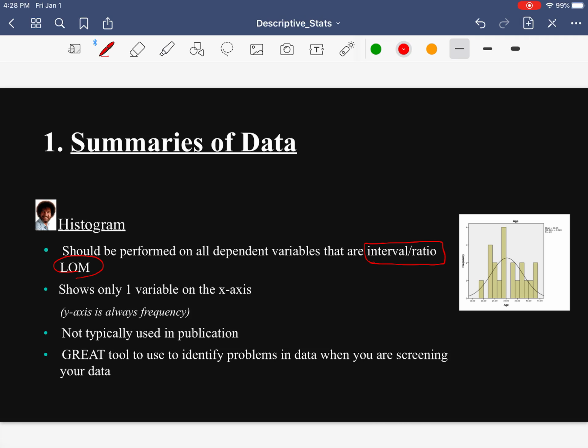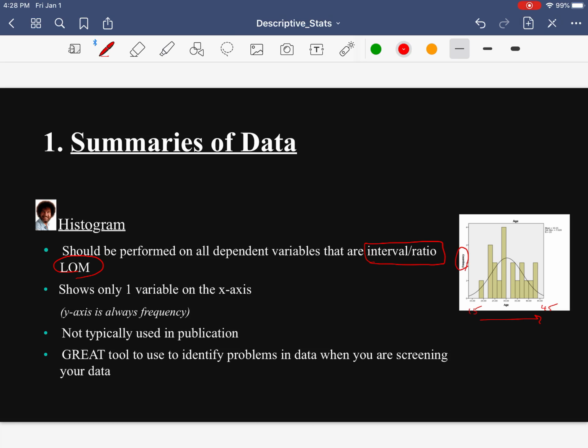For every dependent variable, you're going to want to use a histogram. And along the y-axis is frequency, and along the x-axis is your dependent variable. So this is an example of age, right? So I have age from age 15 to age 45, and it just shows you the frequency of values along the x-axis.